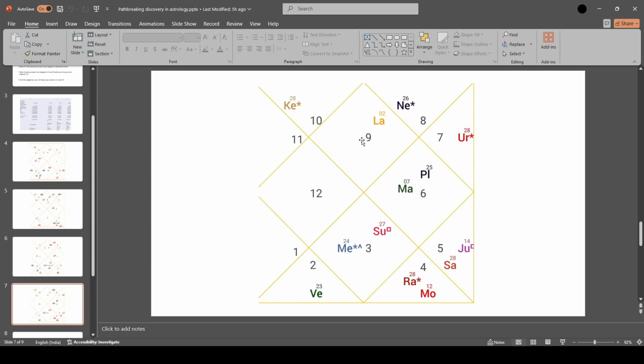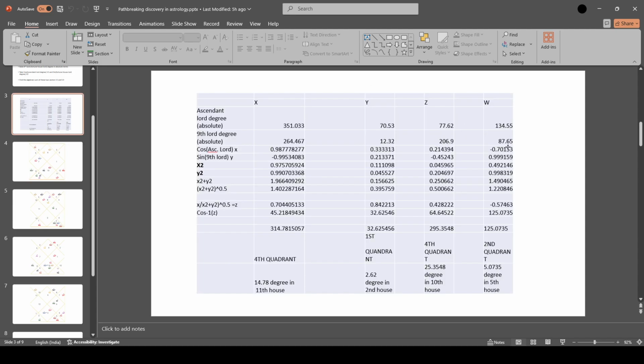For this chart, the ascendant lord is Jupiter. Jupiter is in 9th house. Ninth lord is Sun. Sun is in 7th house. You can see here the absolute degrees. Take cosine of the ascendant lord, sine of the ninth lord, and do again the same process. Horizontal component, vertical component, square them, add them up, take the square root, take x over under root x square plus y square, and take cos inverse of that. You'll find 125.07.